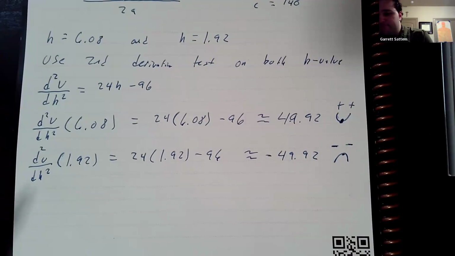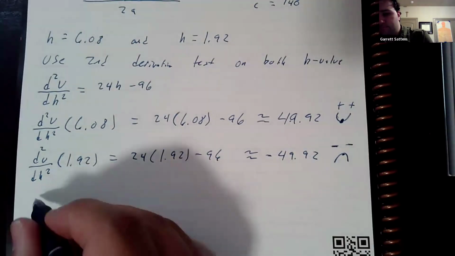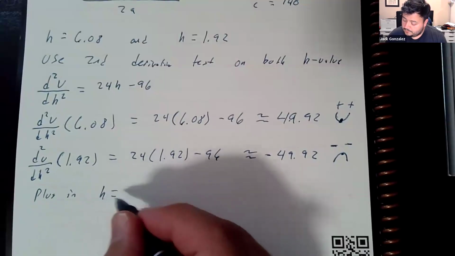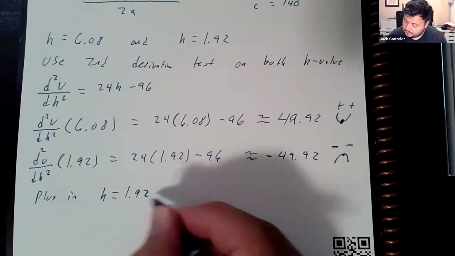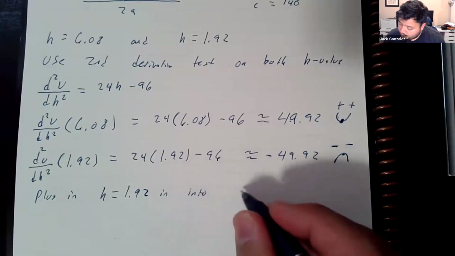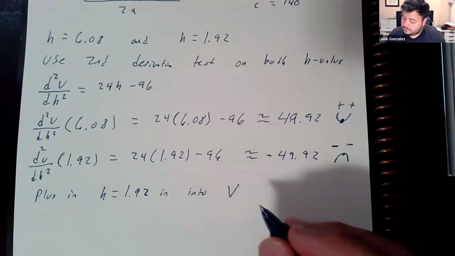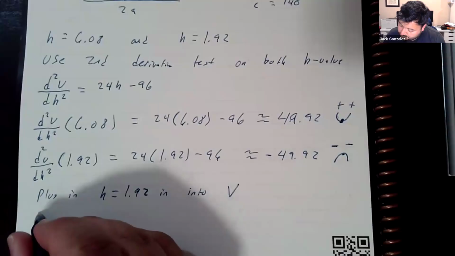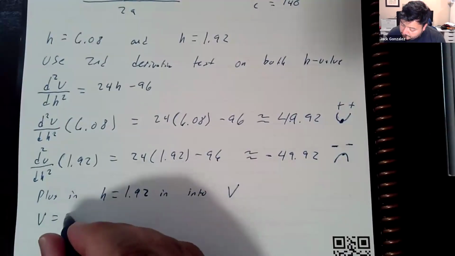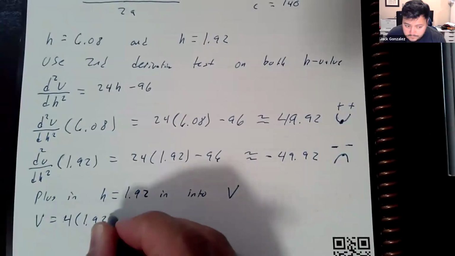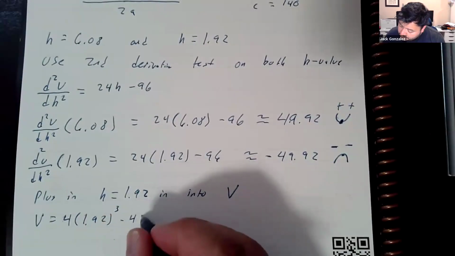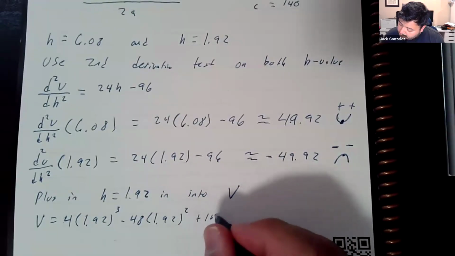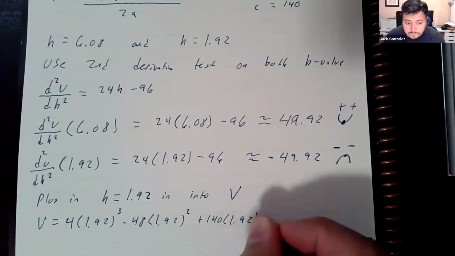Okay. Finally, plug in h equal to 1.92 inches into the original volume V. That'll give us 4 times 1.92 cubed minus 48 times 1.92 squared plus 140 times 1.92.